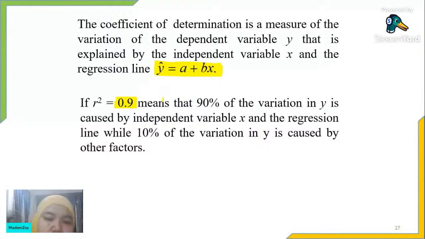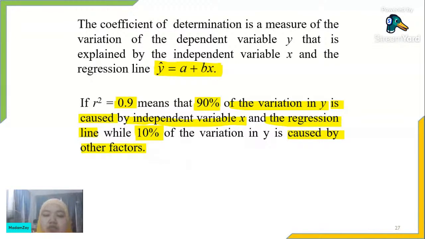Okay, so how do we interpret it? We have to use the percentage value, so if it is 0.9, then 90% of the variation in Y is caused by the independent variable X. The remaining 10% of the variation in Y is caused by other factors.